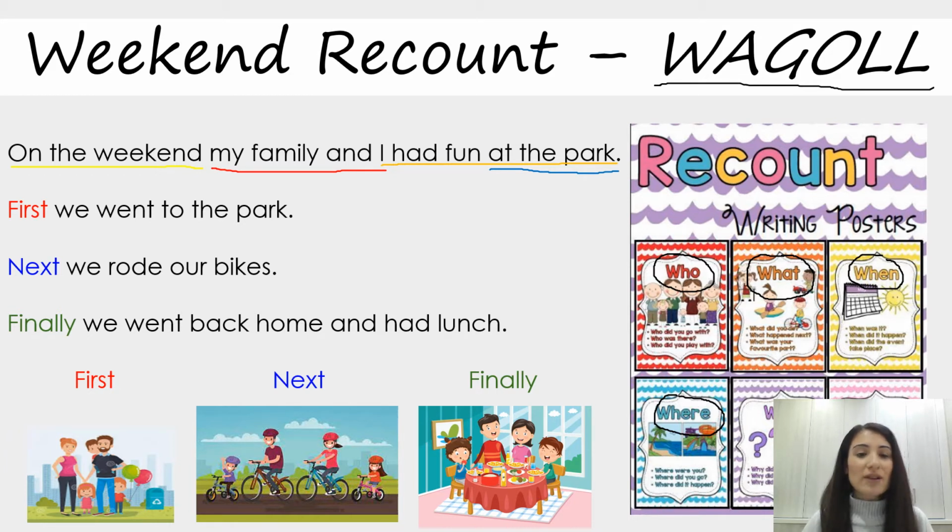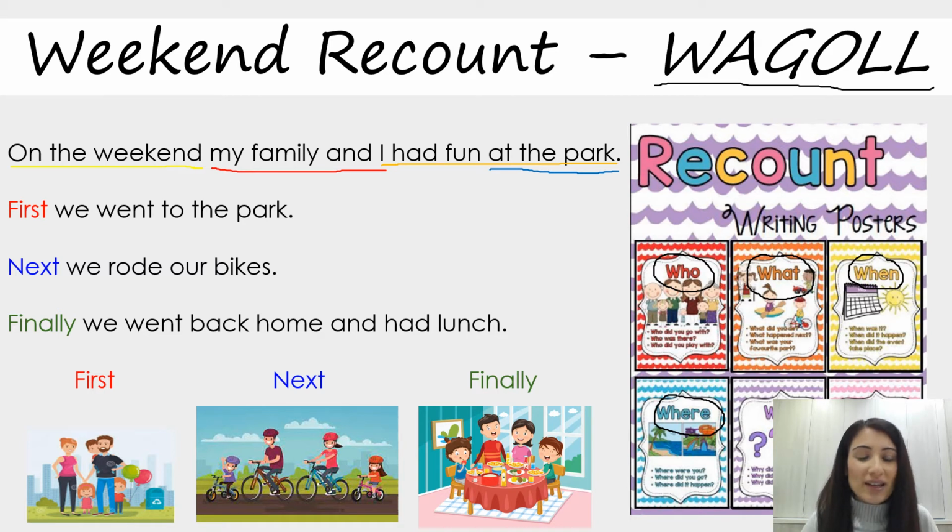So now let's have a look at the order of the rest of my recount. So now I start talking about what I did in sequence, in the order that it happened. So the first one says, first, we went to the park. And the next one says, next, we rode our bikes. And the last one says, finally, we went back home and had lunch.